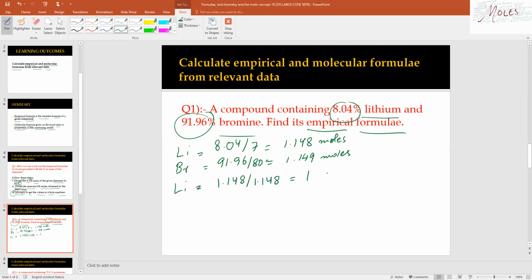So we'll get 1 mole of lithium. For Br, we will get again 1. Therefore, the empirical formula would be LiBr.